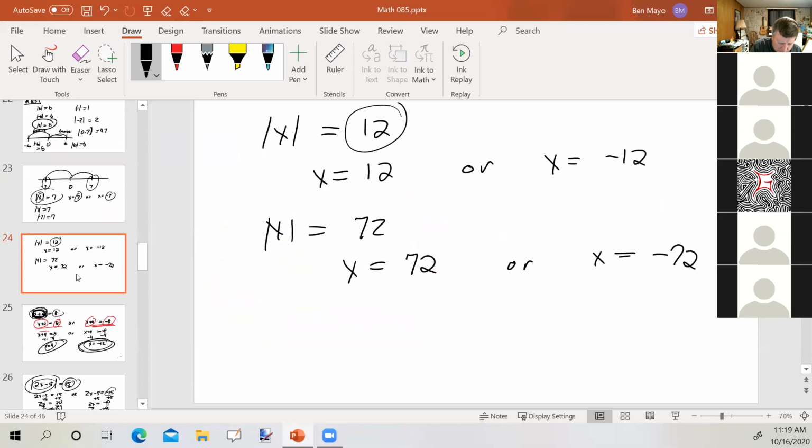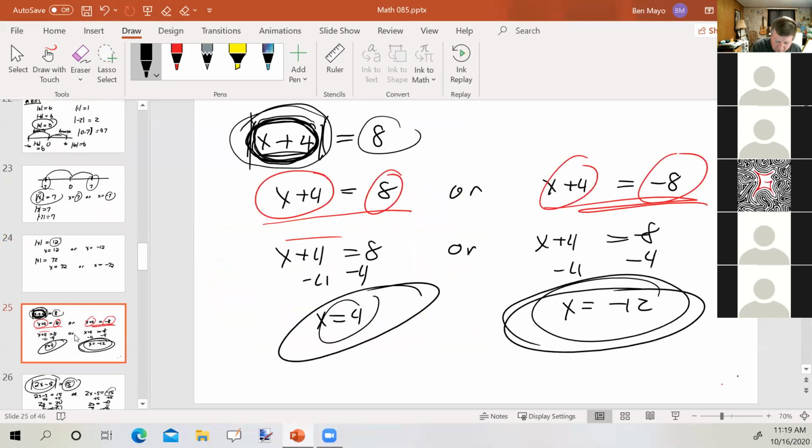So if you've got an absolute value set equal to a positive number, what's inside is equal to the positive number, or what's inside could be equal to the opposite of that positive number. Solve the equations.